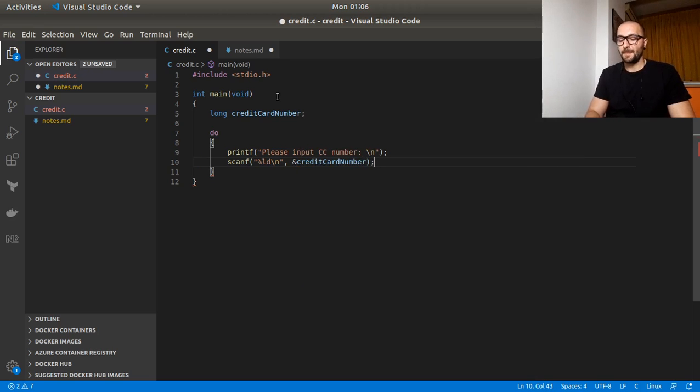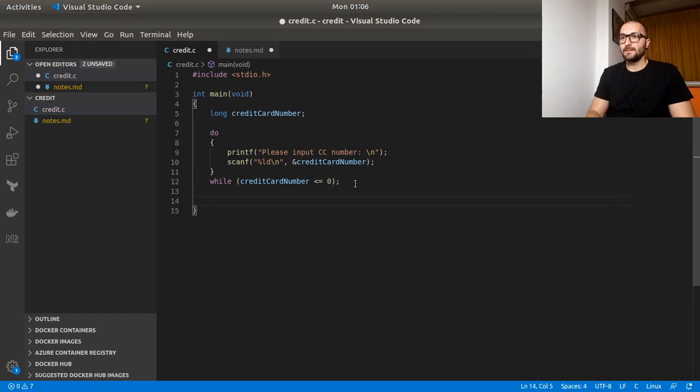Okay, and the condition here would be while. So what do we need to do? We need to make sure that credit card number is greater than 0 or not equal to 0. Okay, so while credit card number is less than or equal to 0, actually we will keep prompting for the credit card number.